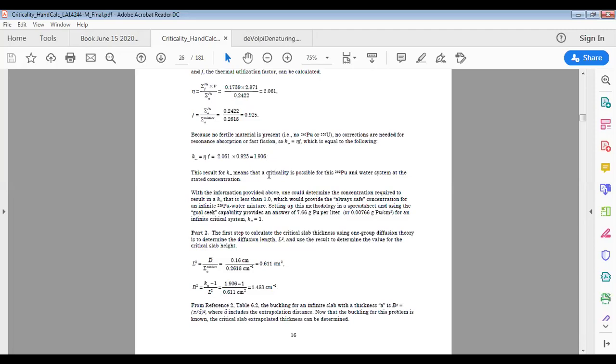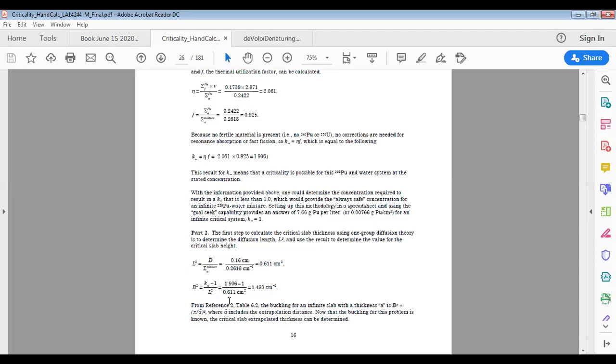Okay, so here they do the K infinity, then they calculate L square, the diffusion length square, which comes out to be 0.611 centimeter square, such a small area. If you take the square root of that, that's less than 0.8 centimeters. And B square is K infinity minus 1 over L square. This is what we call the material buckling.